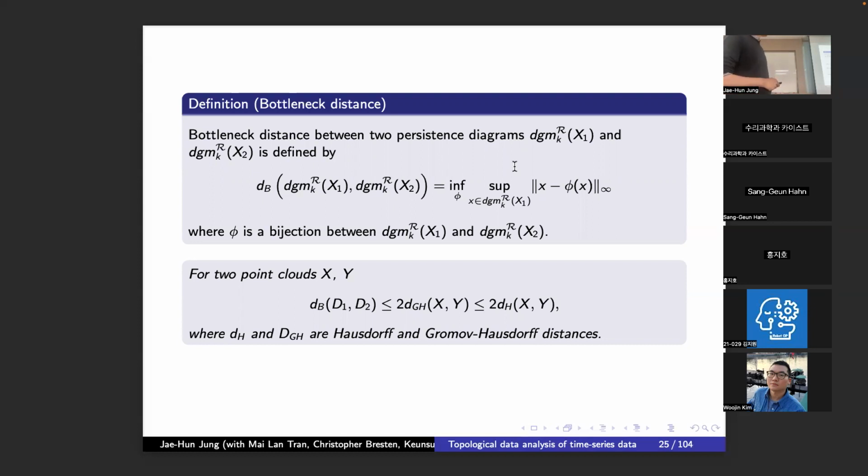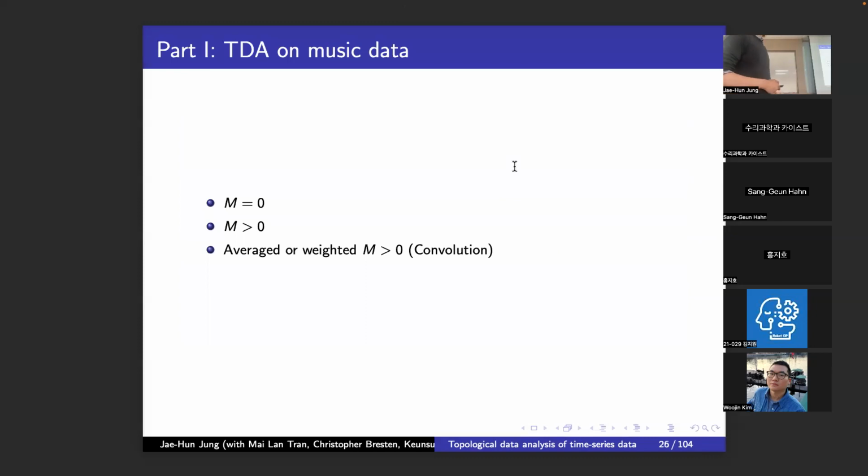So even though you have a small perturbation, if you perturb your data a little, the persistence diagram changes just slightly. So we can rely on this method. That's the stability. I'm going to briefly mention it again in the music data analysis. Okay, so this is just the introduction.